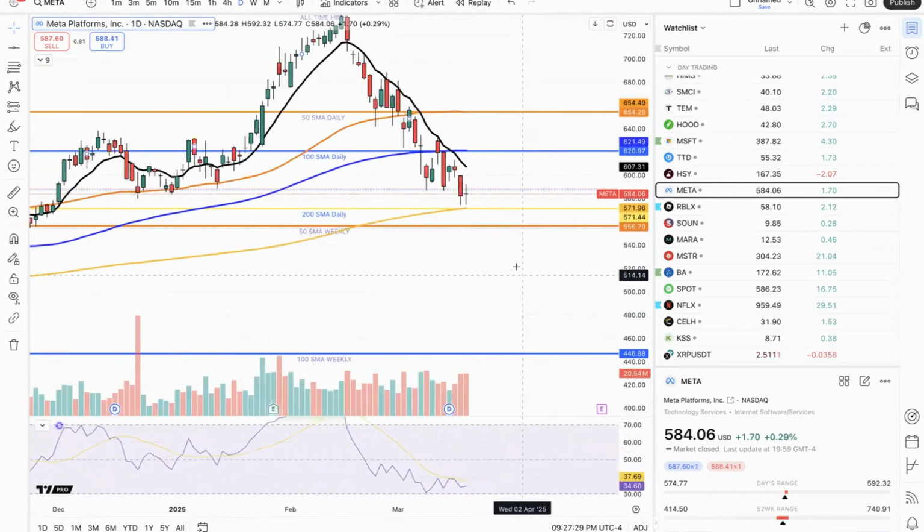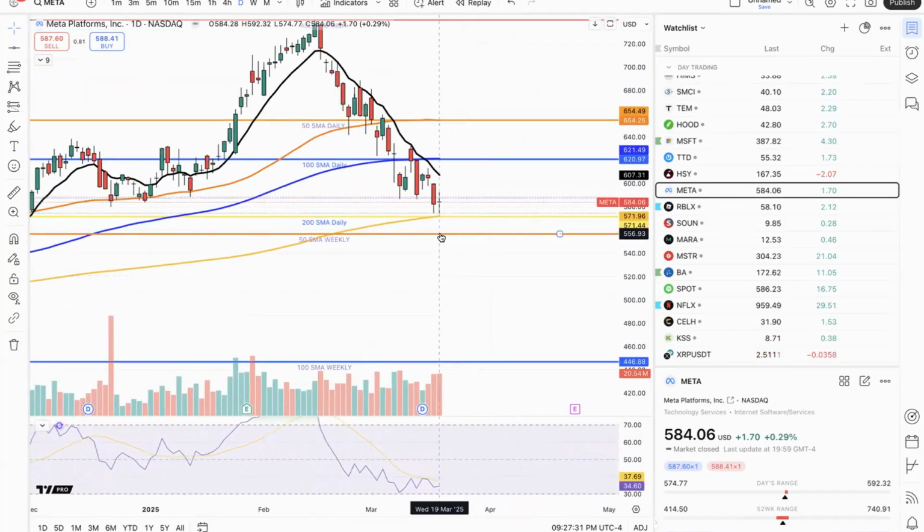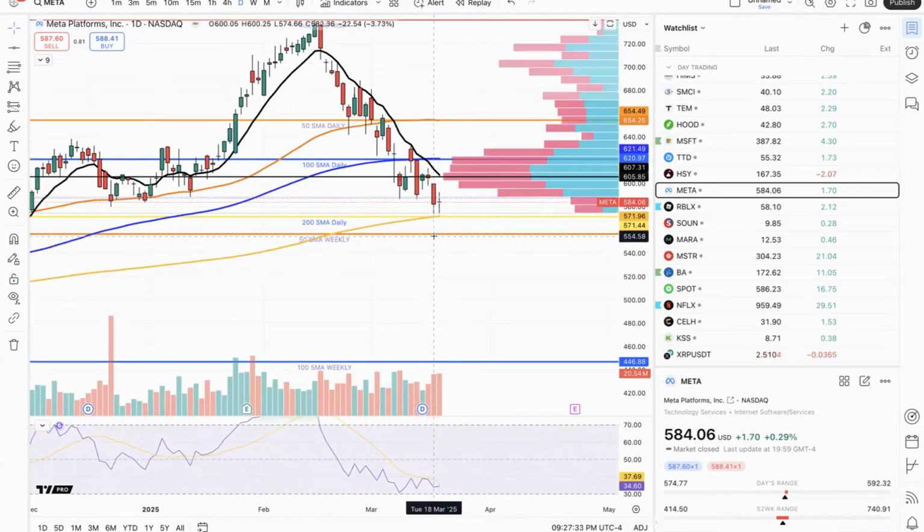What you can do is just set levels to say, hey, if this comes down to 556, this 50 simple moving average on the weekly, this is a buy spot for me. And then you might say, every $15 lower, I'm going to buy a little bit more. You're just setting up your plan, and then you follow your plan and you dollar cost average. That's really the key, just having a plan to take advantage of this weakness because it will not last. It doesn't, because the market was designed to go up.